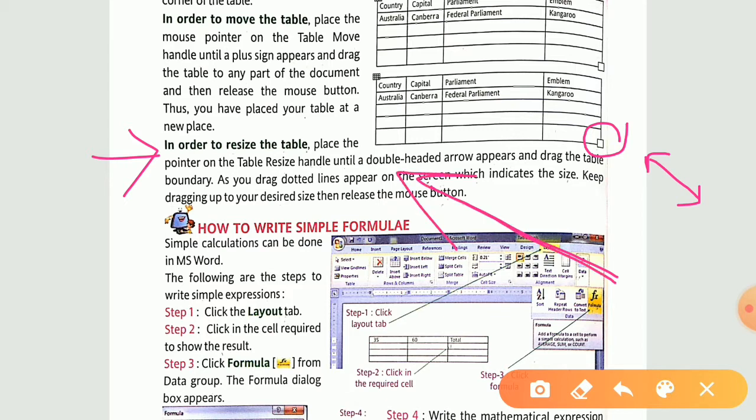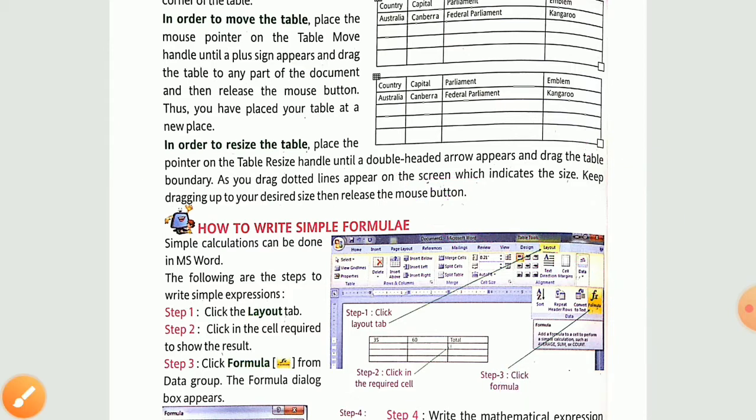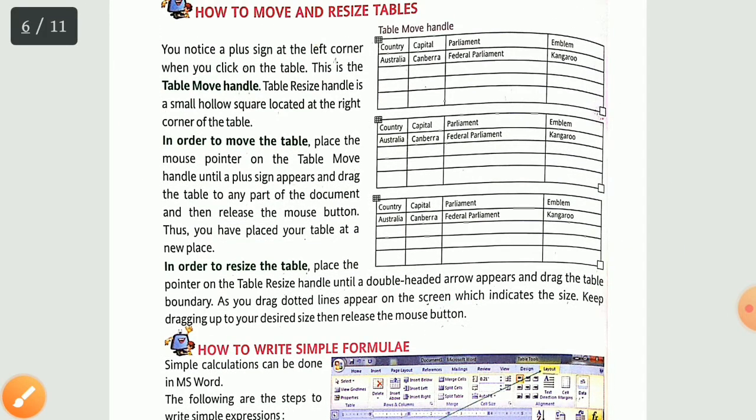If you want to make the table size bigger, you just move in this direction with the help of your mouse, obviously. Whatever is the correct size of your table you want, you just release the mouse button at that size. So this is how you are going to move your table, as well as resize your table.